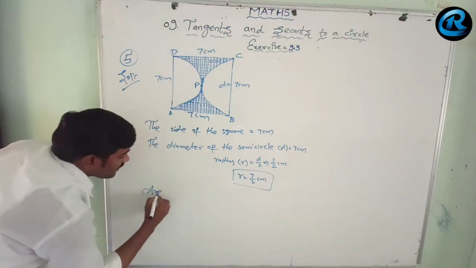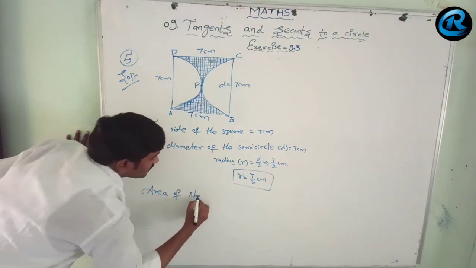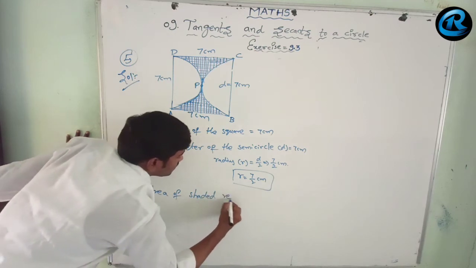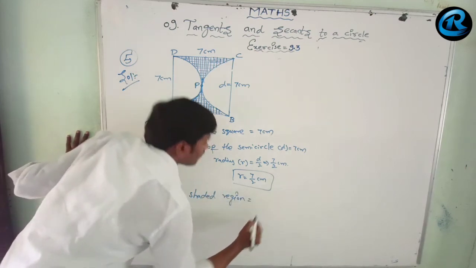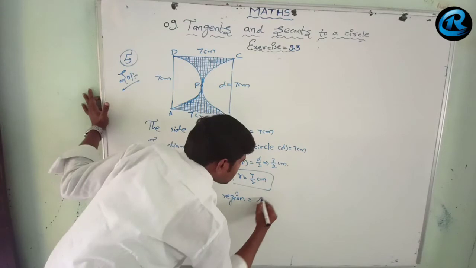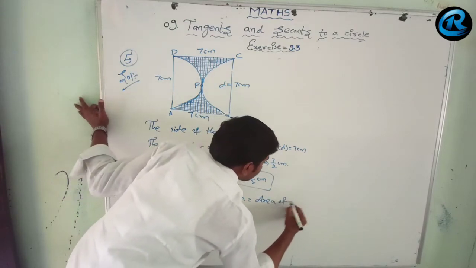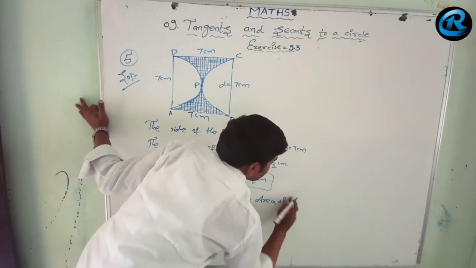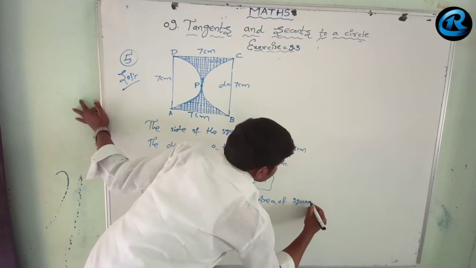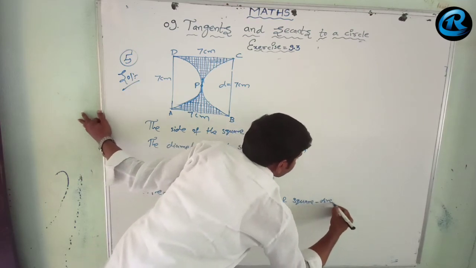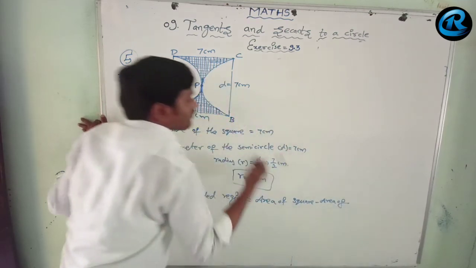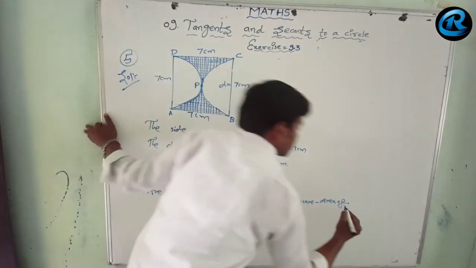Area of shaded region is equal to area of square minus area of 2 semicircles.